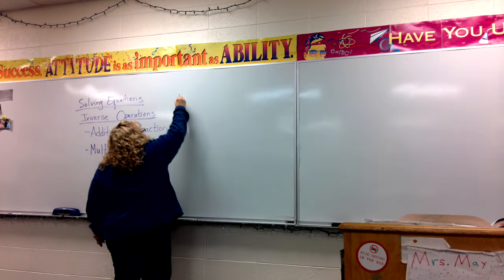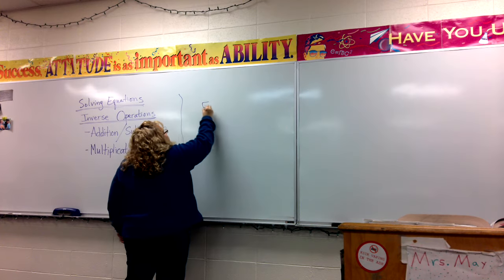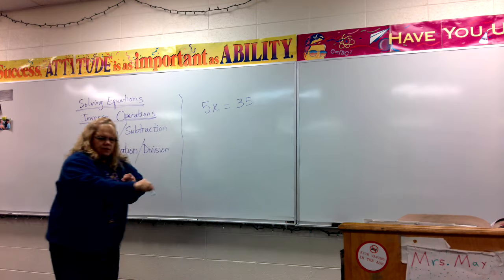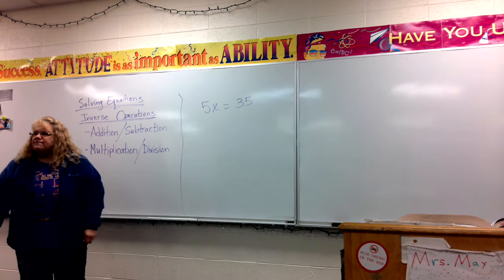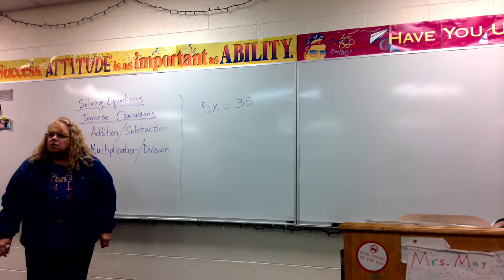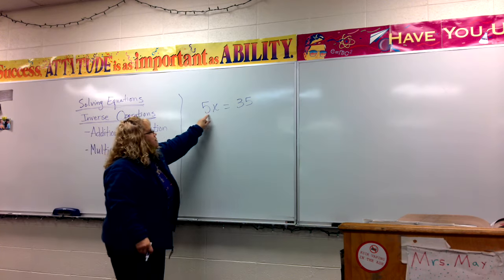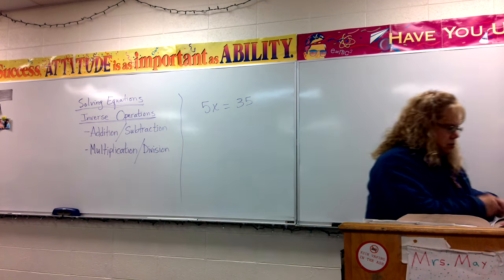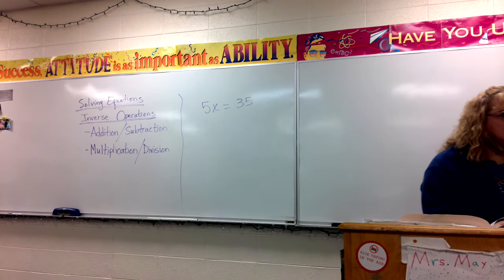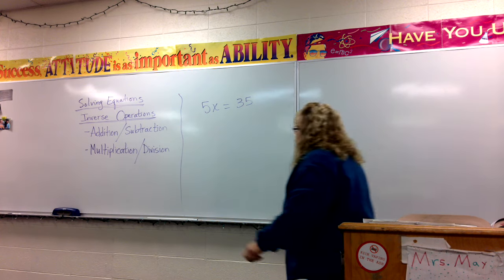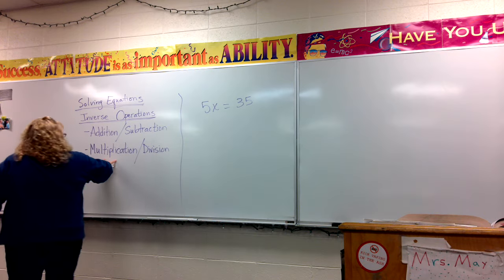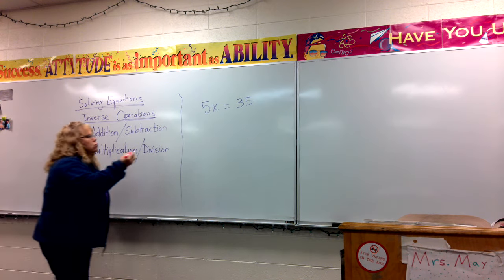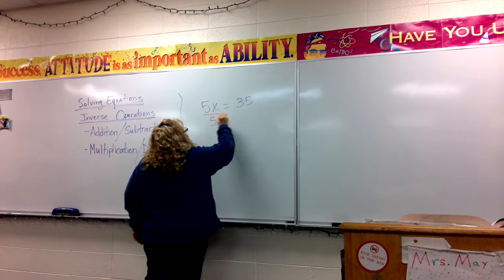So if I have something like 5x equals 35, what operation do you assume between those two? Multiplication. And so the inverse of multiplication is division. So we shall divide both sides.